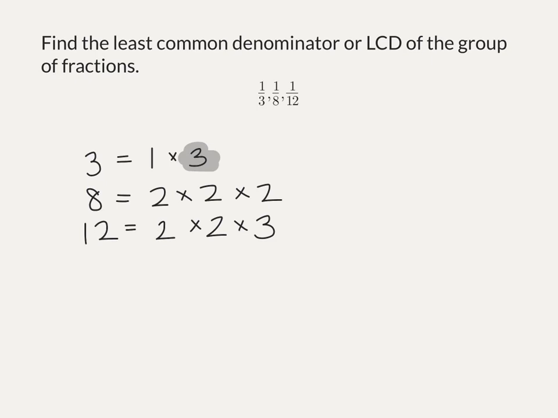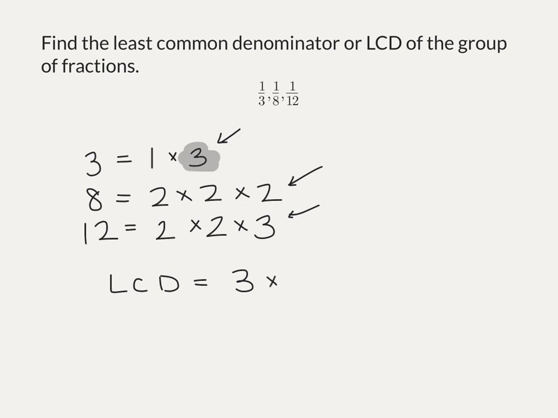Now, what's the greatest number of times that 3 appears in any one group? Well, 3 appears once in the first group, 0 times in the second group, and only 1 time in the third group. So the greatest number of times that 3 appears is once. So we'll just write down one 3.